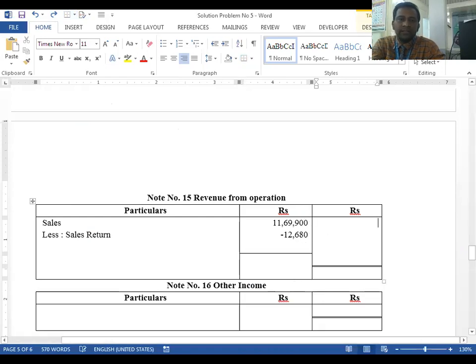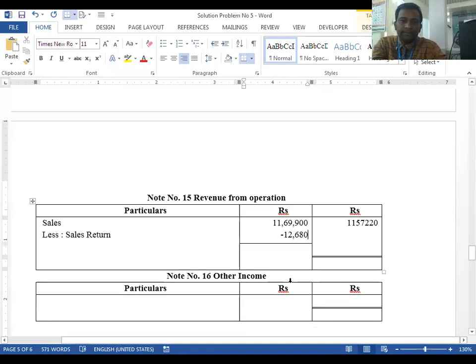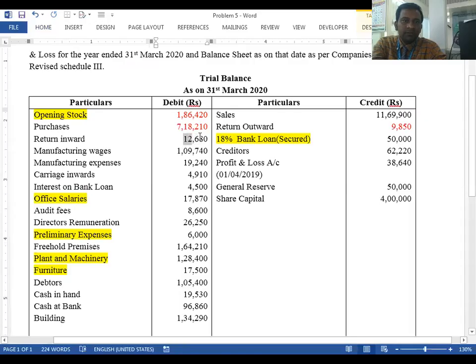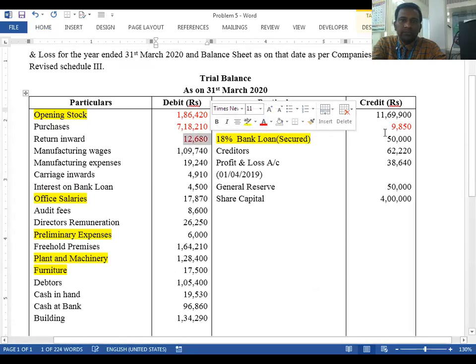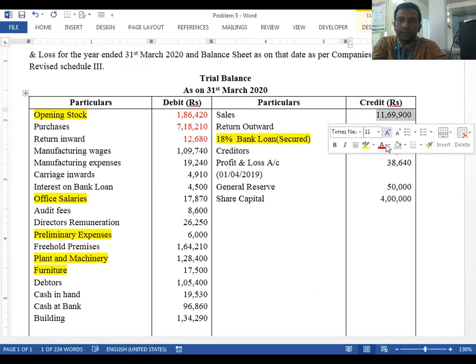What is the answer? 11,69,900 minus 12,680. Yes, very good. 11,57,220. Then the next item we've already taken. It is also completed.